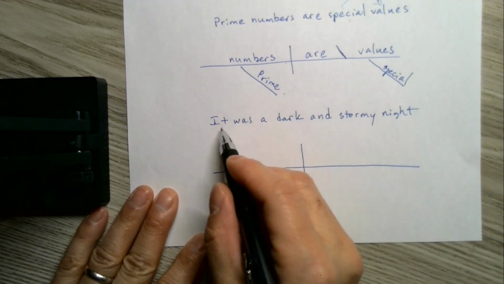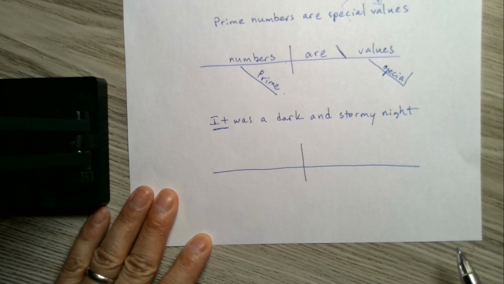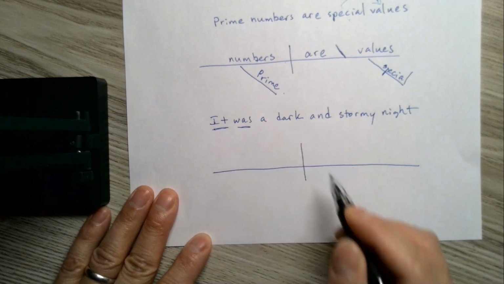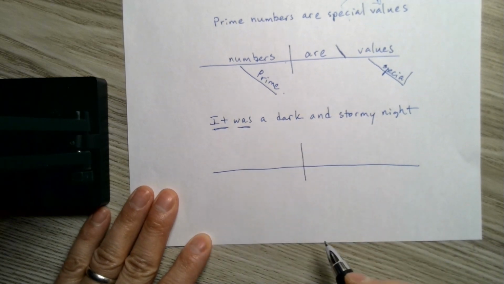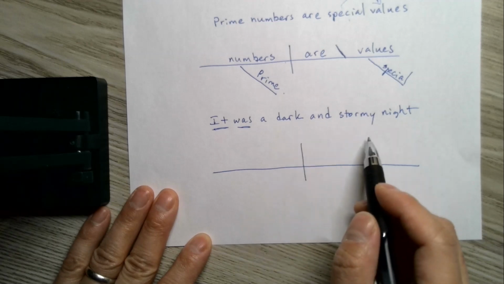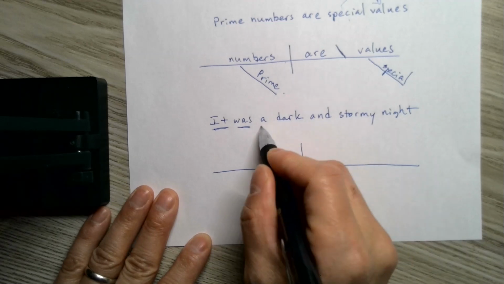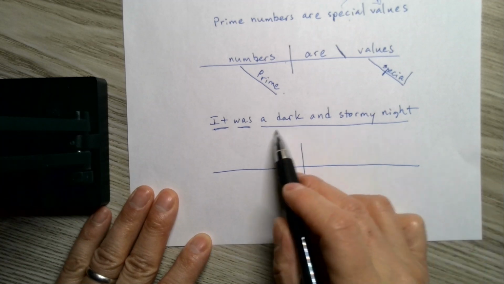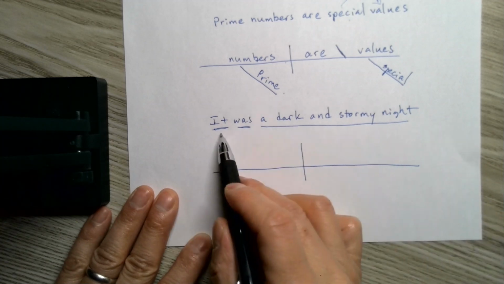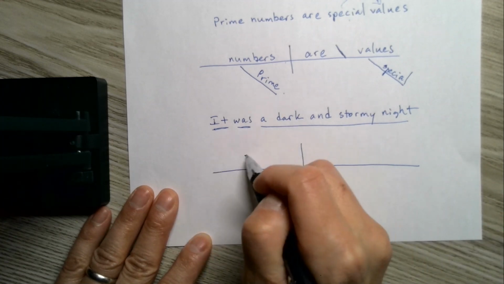We've got it, which is our subject, was is the verb, and then everything else after the word was is our predicate. That's a really wordy predicate compared to the subject. The subject is just the one word, it.